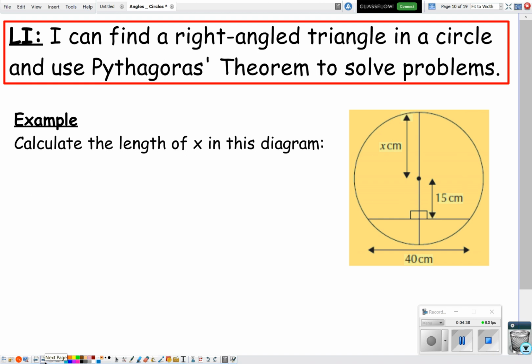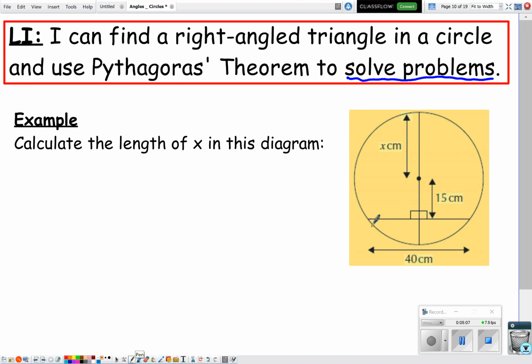Find the length of x in the diagram. The key thing here is to solve problems. Using Pythagoras by now should be the easy bit of this, but you're going to be solving problems with this and using the fact that you can find right angled triangles in these pictures. If you have a wee look at the diagram here, the first thing you should be doing is taking a look at what information you have.